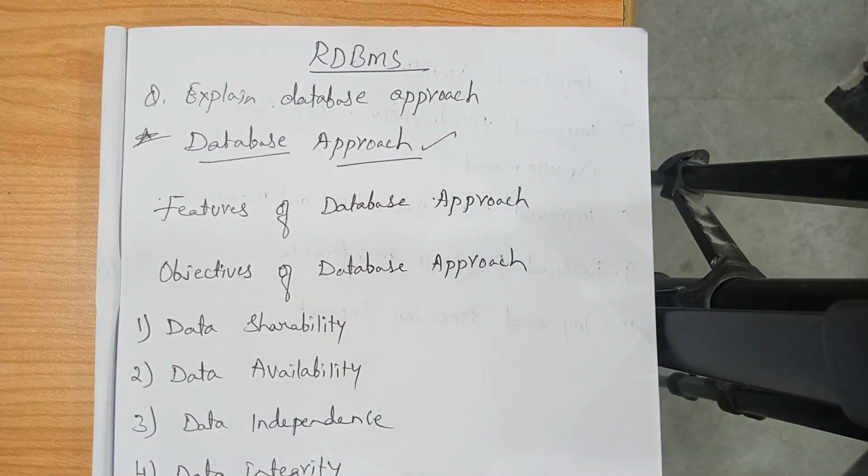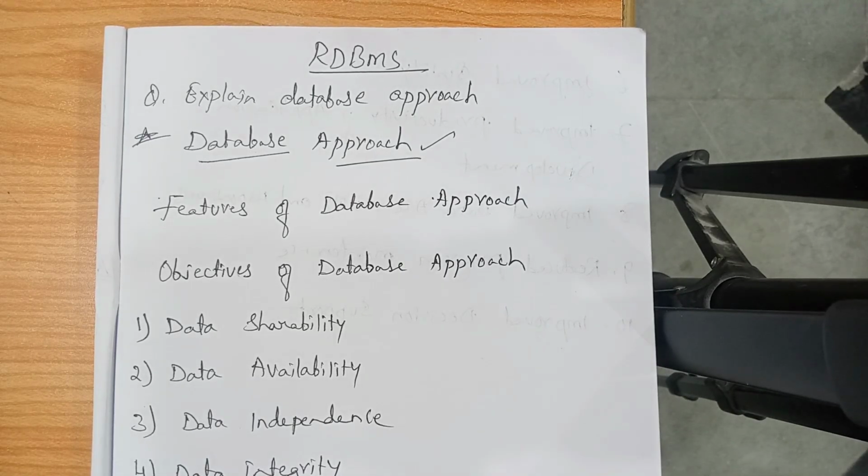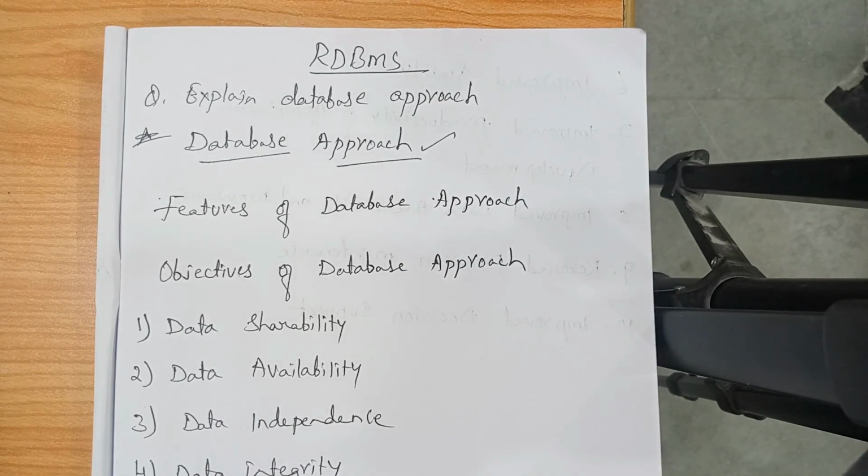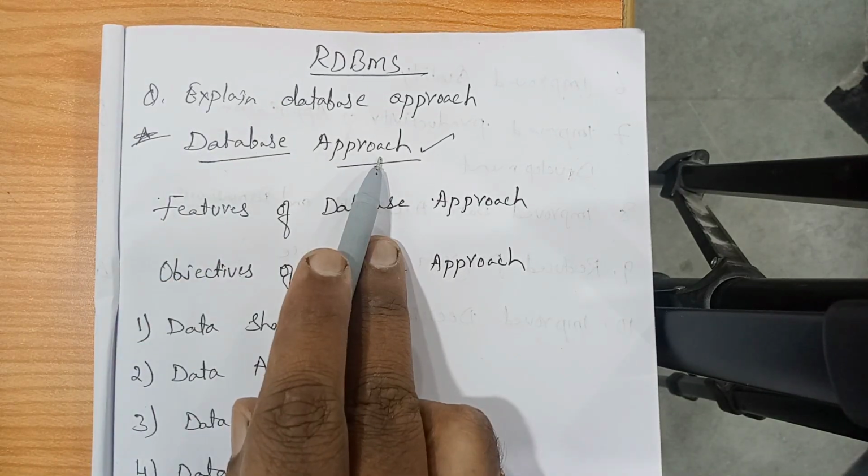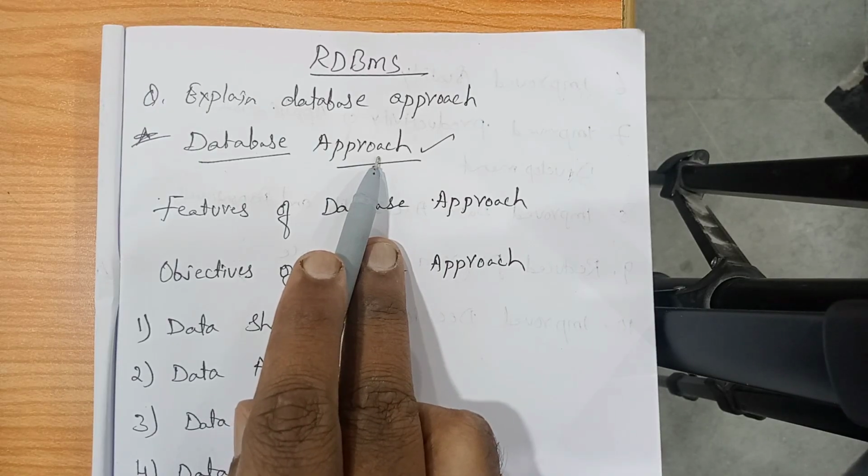While maintaining the departmental accounts, there are different types of departments and different types of accounts: employee accounts are different, loans and savings accounts are different, installments are different, mortgage loans are different. They implement these different strategies under the database approach. It is also data that we are maintaining.